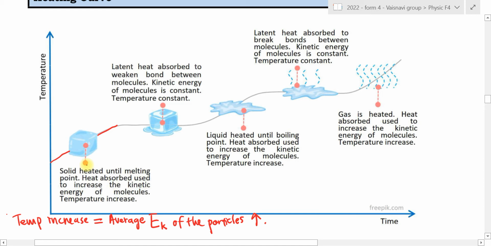Kalau kinetic energy of the particles increases, automatically temperature increases. So heat absorbed is used to increase the kinetic energy of the particles, molecules. So temperature increases.